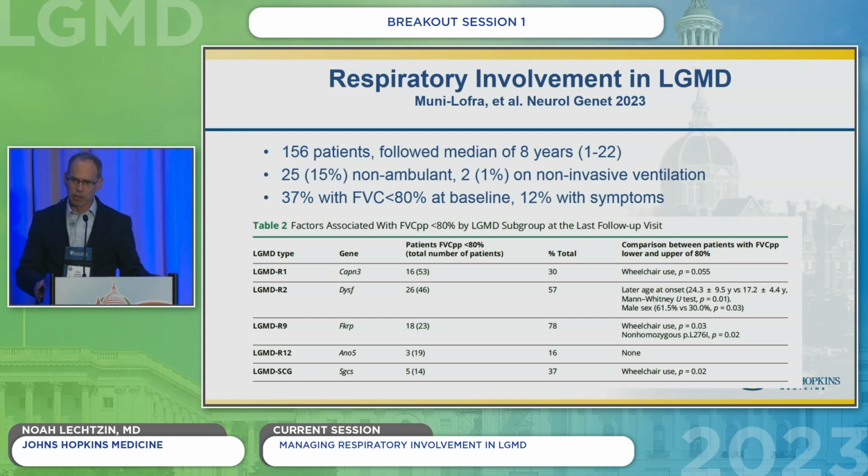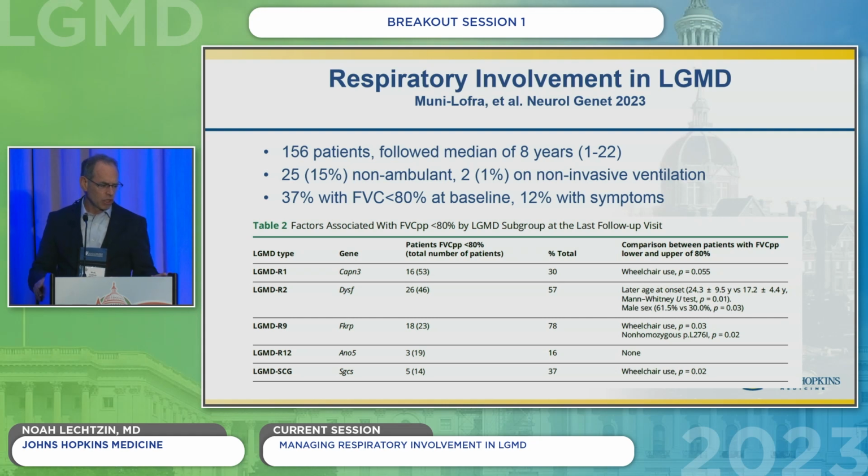And then in the last column, it just shows some of the other factors that were associated with respiratory muscle weakness. So the R1 patients who were also using wheelchairs at the time were more likely to have respiratory muscle weakness. In R2, patients who had a later age of onset and male gender had more respiratory muscle impairment. In the R9, wheelchair use and also being non-homozygous for the L2761 mutation.